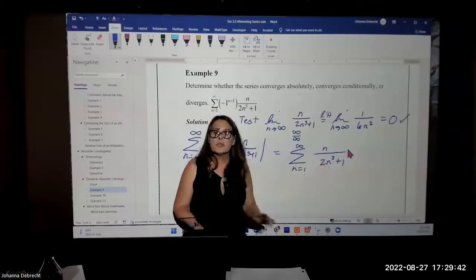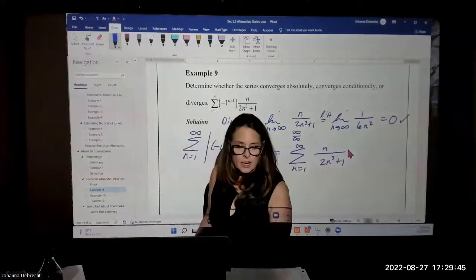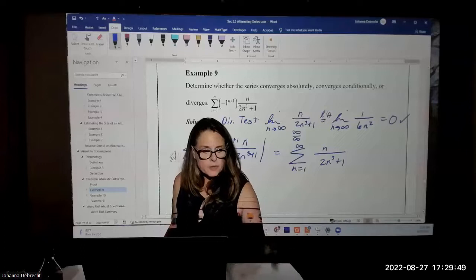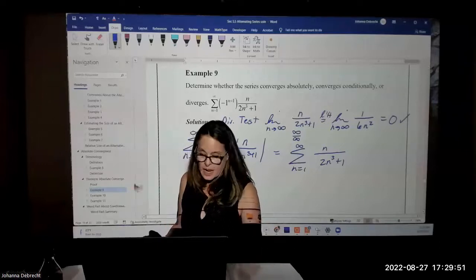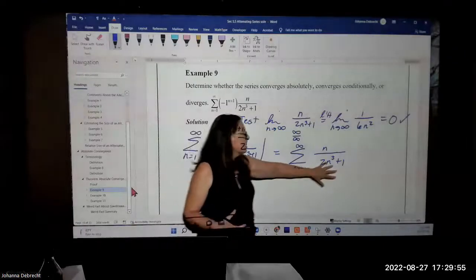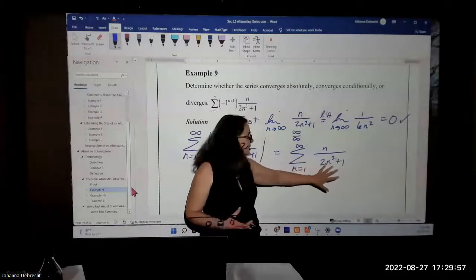So I'm going to do the limit comparison test when I'm looking at this one. I need to figure out what to compare it to. So remember, this is more or less like a rational expression.